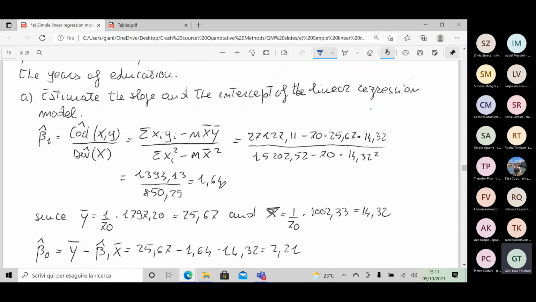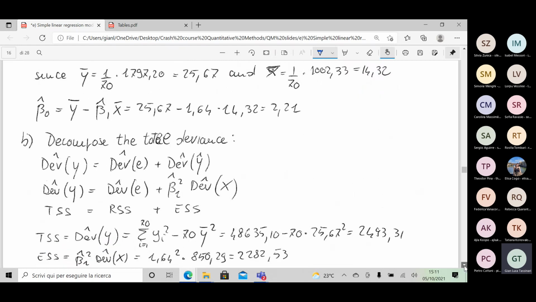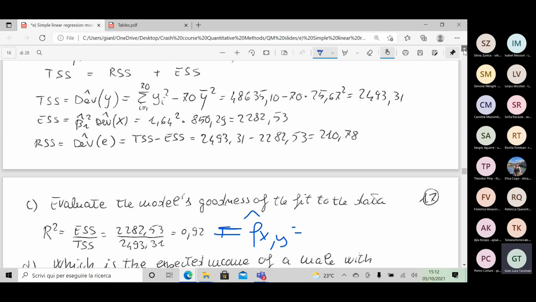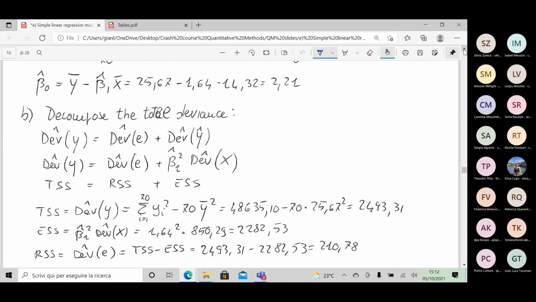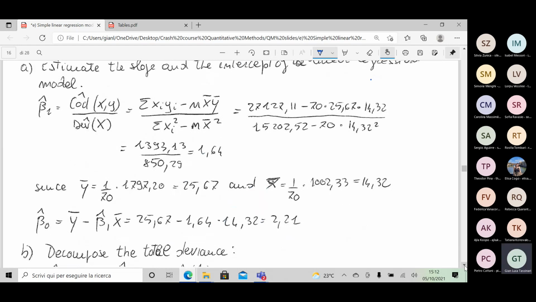So if you want, you can write R square equal to the correlation coefficient to the power 2. Which is the codeviance, guys? The codeviance is this number, 1393.